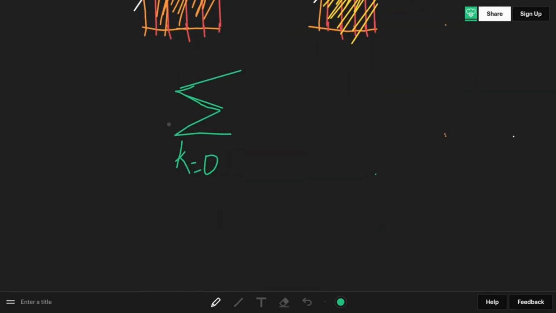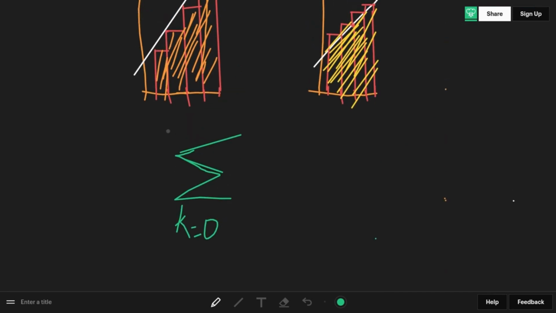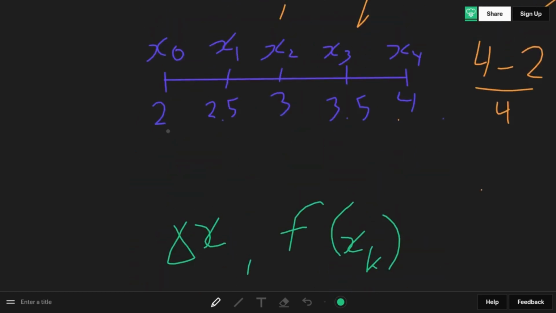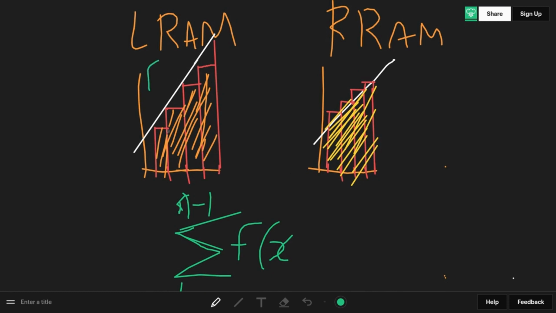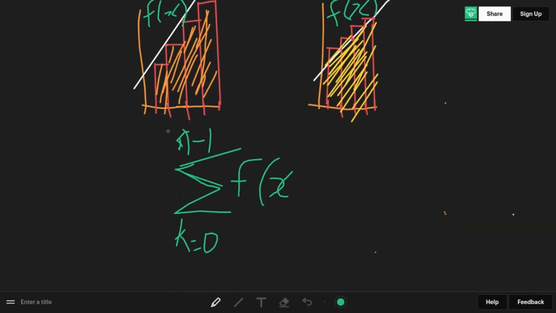So in LRAM, I'm going from k equals 0 to 1 less than the total, of f of x of k, where f of x is the function of the graph, the white line, times the width.